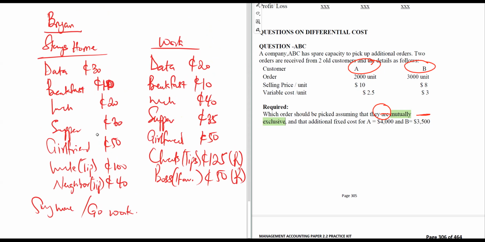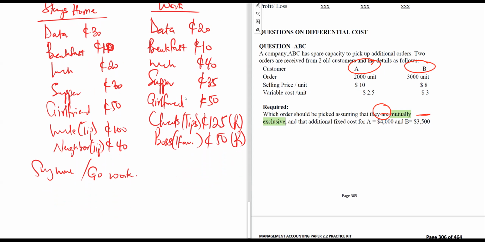So put down the data and let's see if we can use that approach to work it out. Which of them is irrelevant for the decision? Which ones do not change, irrespective of the decision taken, whether to go to work or to stay home? Which of them doesn't change?